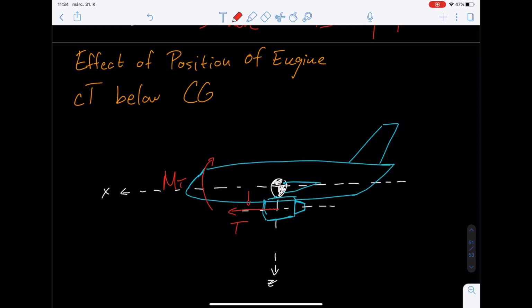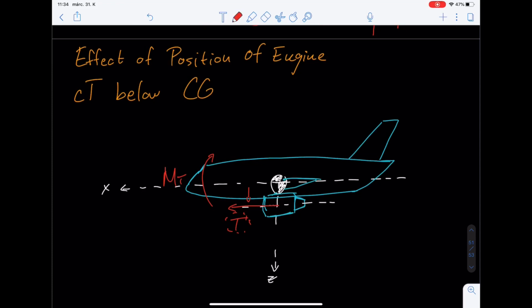So this is why it's more beneficial from a practical flying perspective, is that when you're taking off, for example, the moment generated by the thrust is helping basically to rotate the aircraft around its lateral axis, so it's helping you to pitch up.